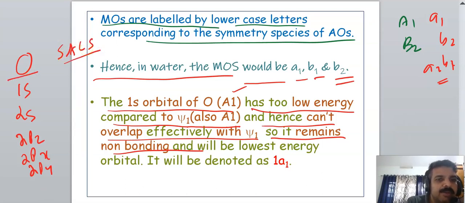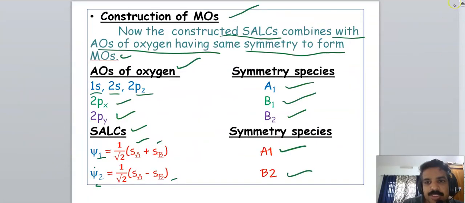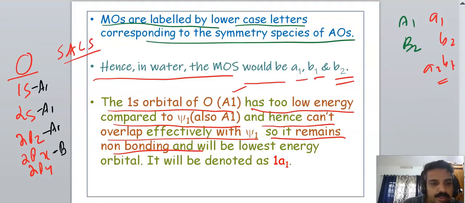This is oxygen. And the symmetries are: 1s belongs to A1, 2s belongs to A1, 2pz belongs to A1, 2px belongs to B1 and 2py belongs to B2 symmetry.